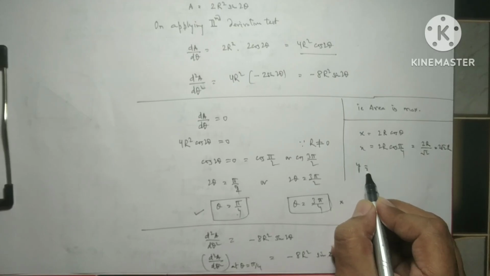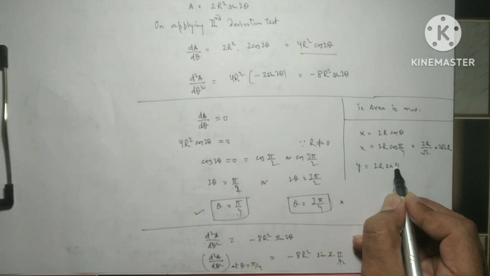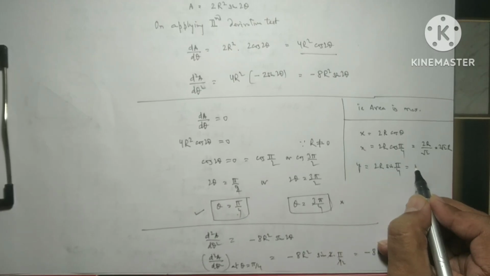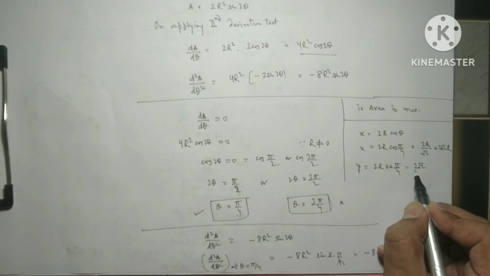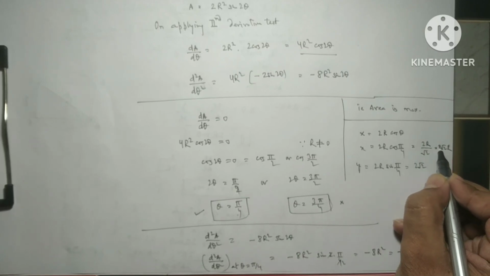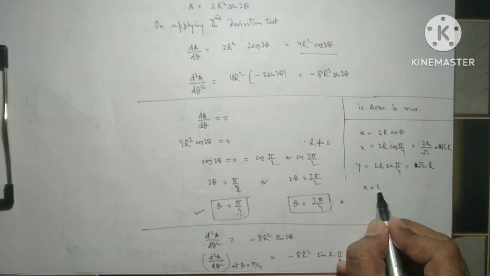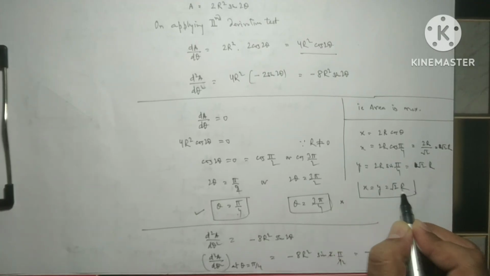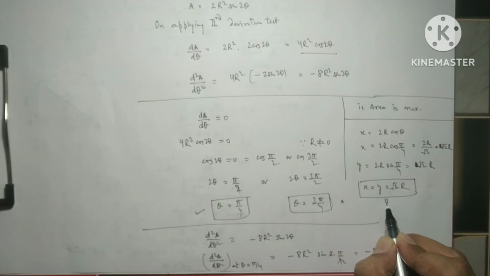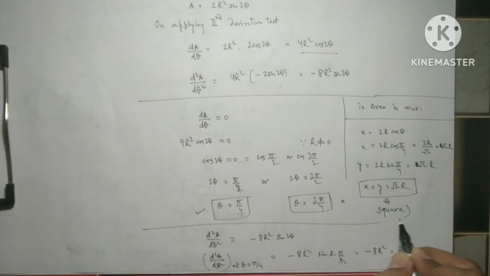And in case of y, that is 2r sin θ, means sin π/4, so again we get root 2 r. It means x equals y and both give the same value, and if x and y are both equal, it shows the rectangle of maximum area should be a square.